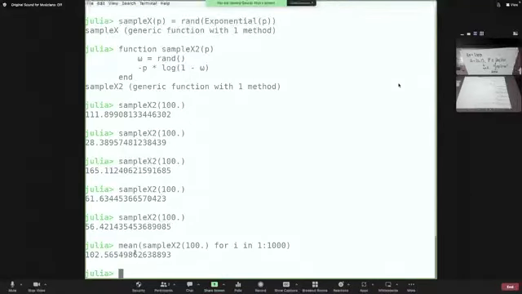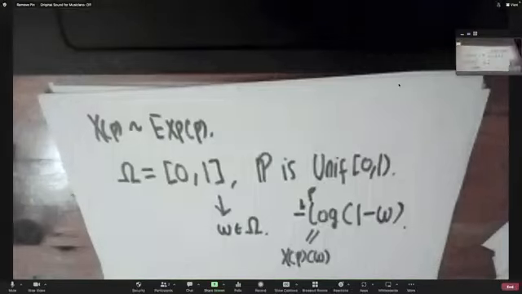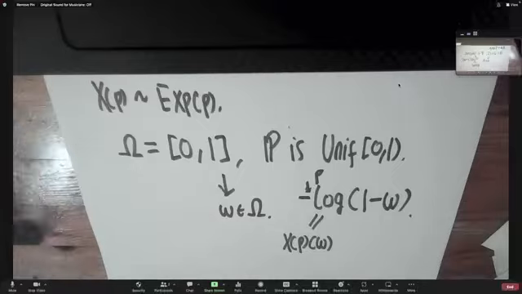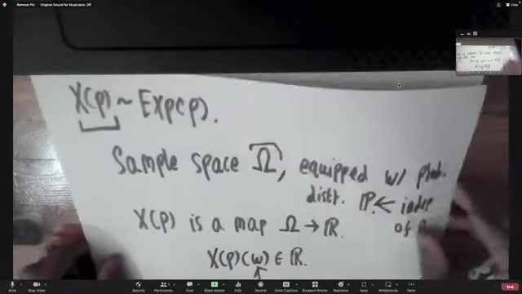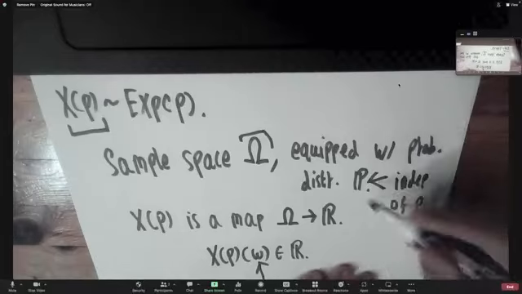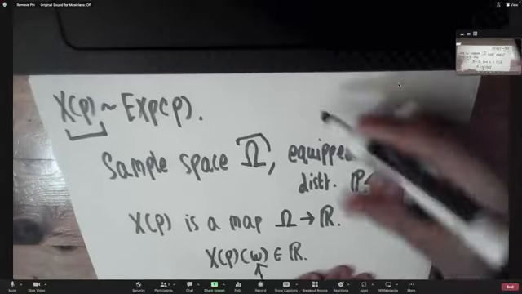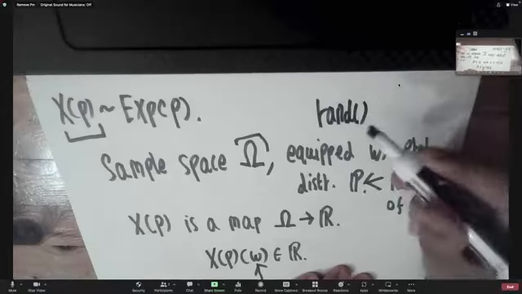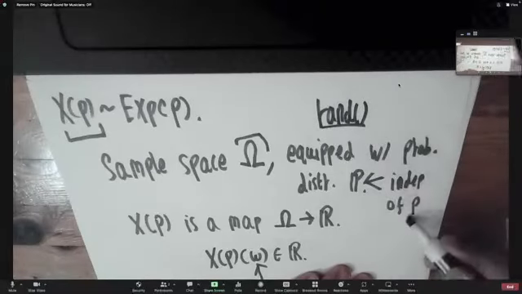And why is this relevant to our differentiation problem? It's relevant because if we go back to this phrasing, the key part is that this call to rand is independent of p.